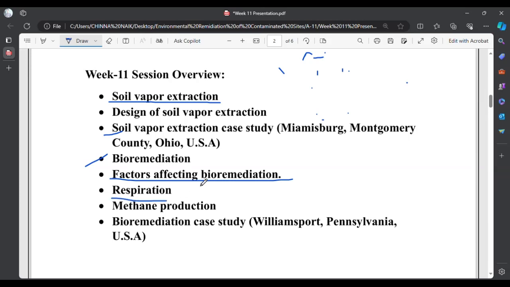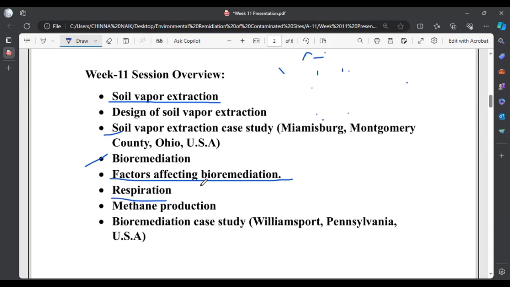In respiration, you need one electron donor and an electron acceptor combined together, a reaction takes place, and byproducts such as hydrogen and CO2 are formed.